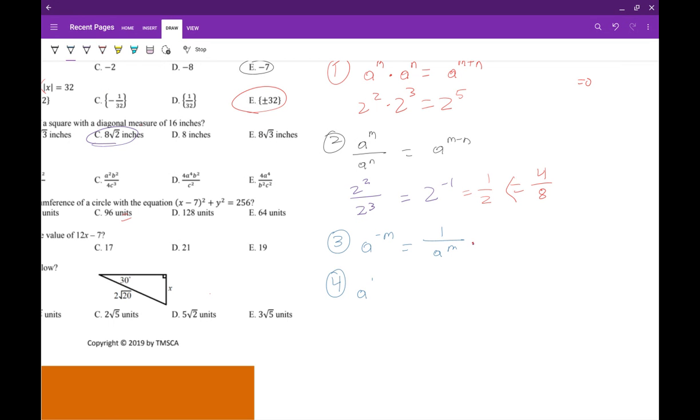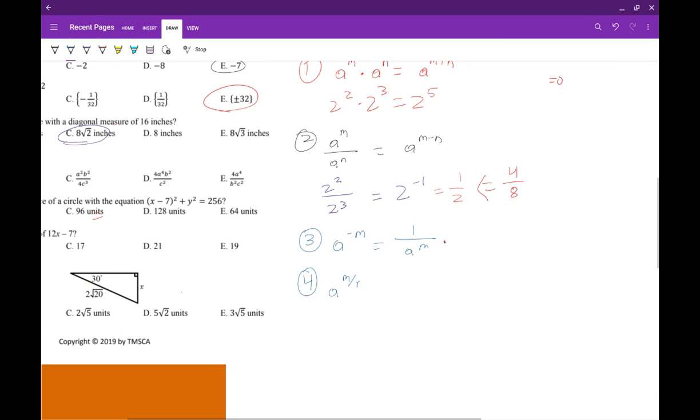a to the power of m over n, when the exponents are divided, is equal to the nth root of a to the power of m. So 2 to the power of 2 over 3 is equal to the cube root of 2 squared, the cube root of 4.